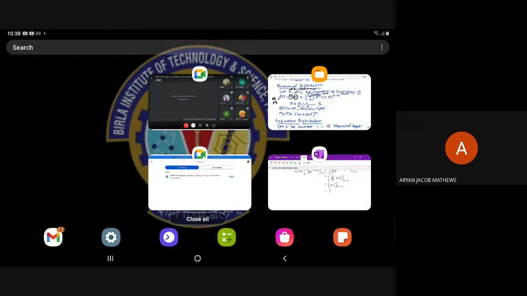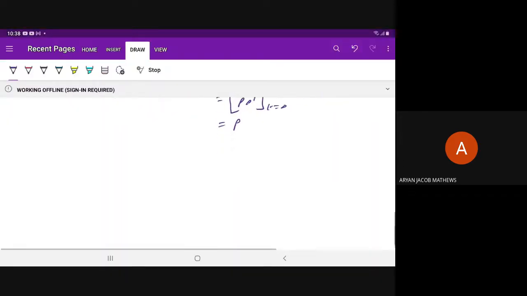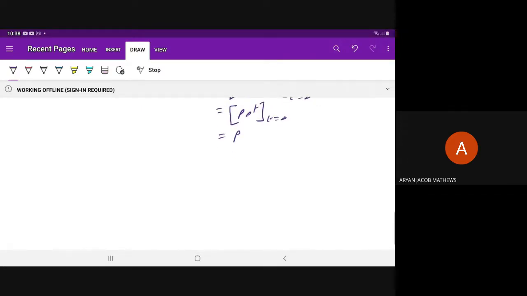So in this case, let us assume we have 6 coins. So 6 coins may result in head and tail, head and tail, head and tail.